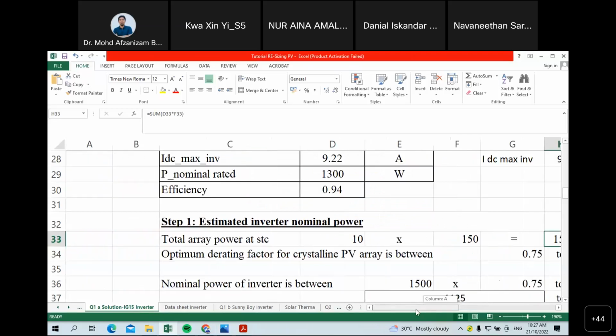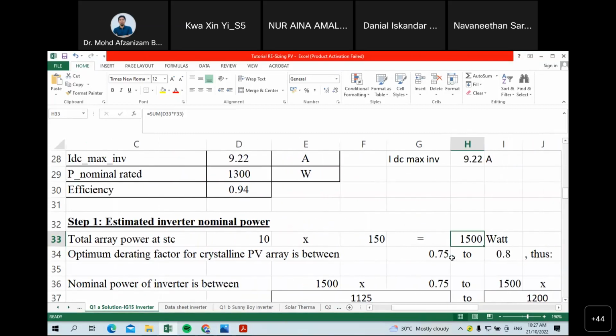And later, guys, the optimum rating factor for constant PV is in between 0.75 to 0.8. Meaning to say, 1500 is the maximum, but due to the efficiency losses and everything, typically we can place 0.75 or 75% up to 80%, which is 0.75 and 0.8.